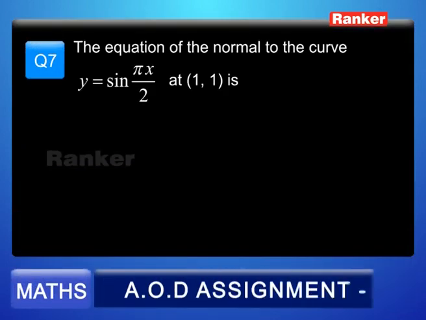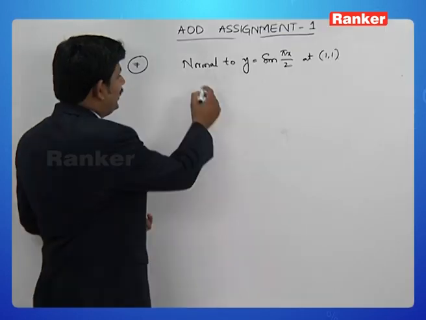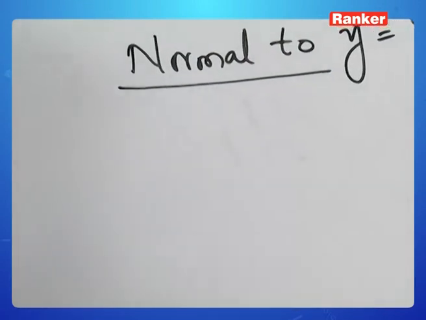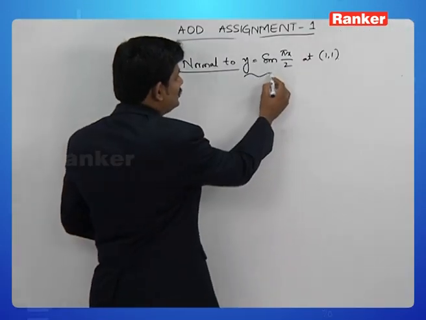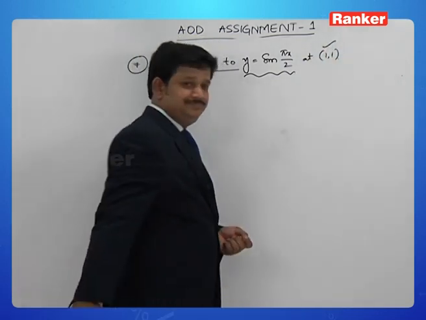Next question, the equation of the normal to the curve y is equal to sin pi x by 2 at 1 comma 1 is option A, y equal to 1, option B, x equal to 1, option C, y equal to x, and option D, y minus 1 is equal to minus 2 by pi into x minus 1. We are asked to find the normal to the curve y is equal to sin pi x by 2 at the point 1 comma 1.